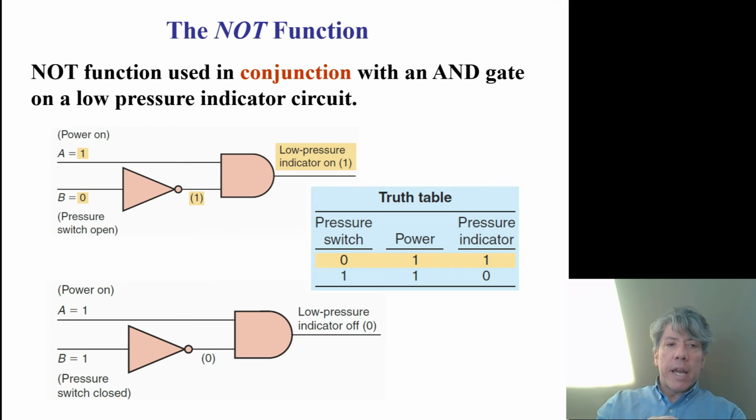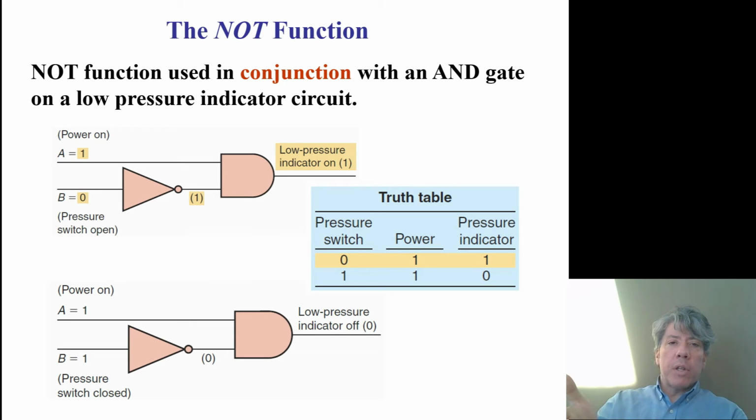On the other hand, B represents the pressure switch being open. So when the pressure switch is open, in other words, when the pressure is low, then the inverse of that is a true. So you notice what's coming into the AND gate is a true, the power is on, and the pressure is too low. So a low pressure indicator can turn on, right?